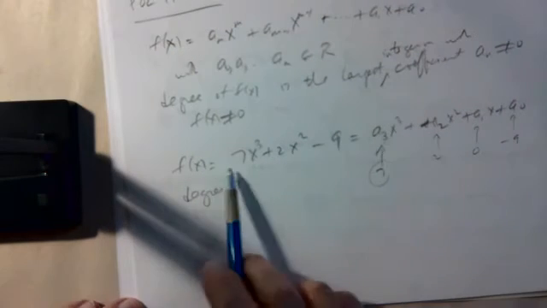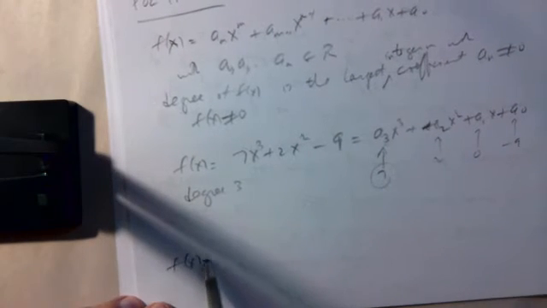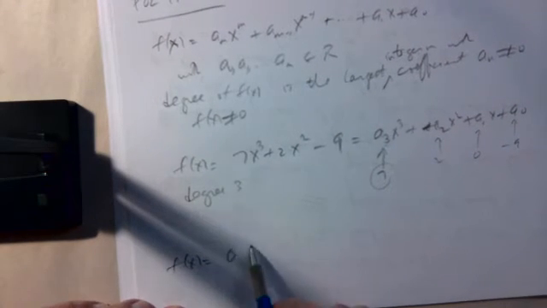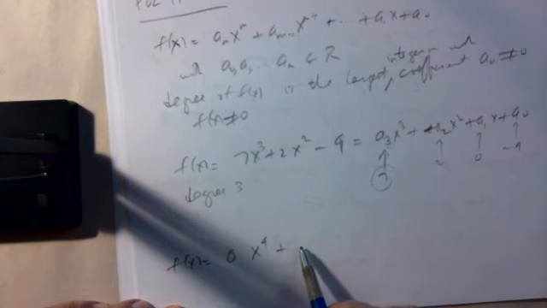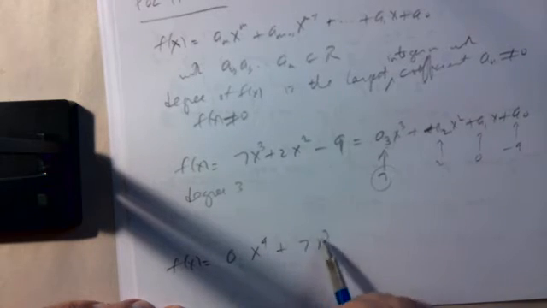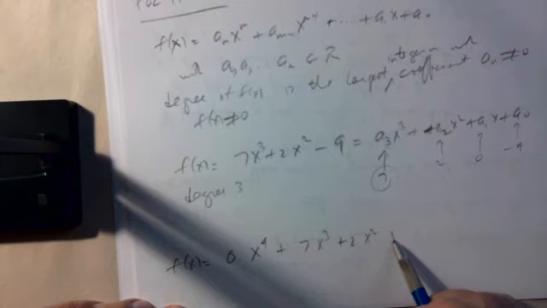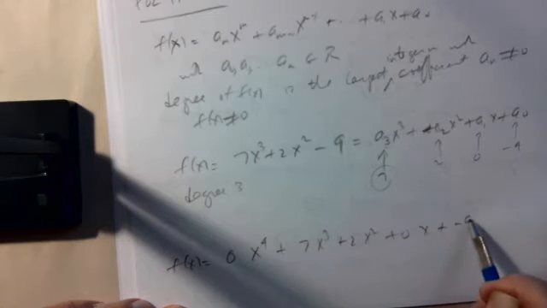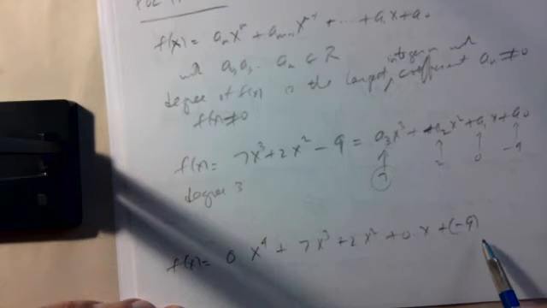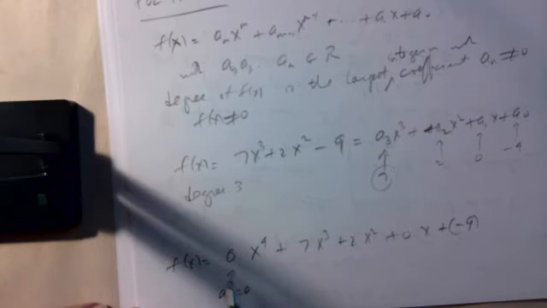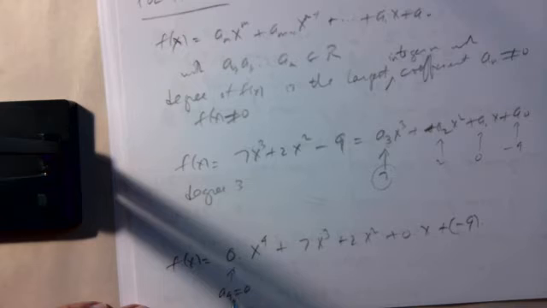But it's not illegal to write this f of x also in the form 0 times x to the 4th plus 7x cubed plus 2x squared plus 0 times x plus minus 9 times 1. So here, the coefficient A4 is 0. Even though I have an A4 coefficient, the degree isn't 4 because the coefficient of x to the 4th is 0.